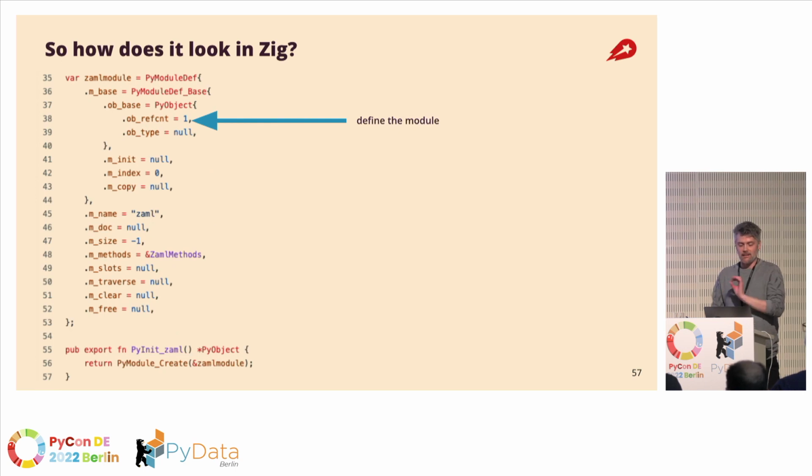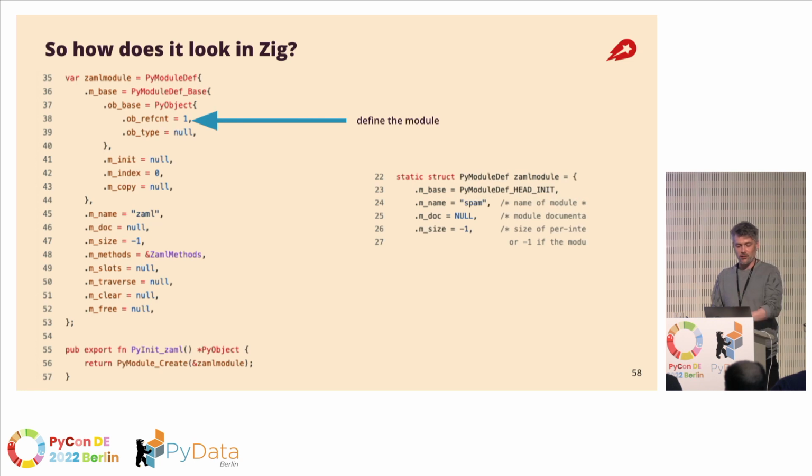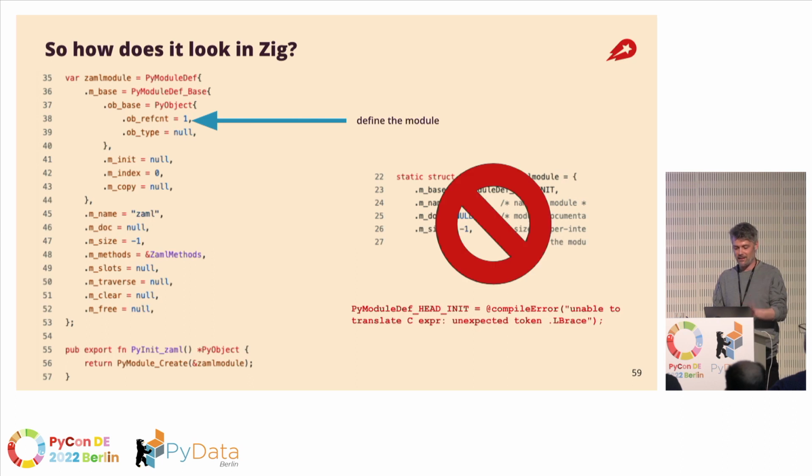Here we get a slight difference. If you recall from the C version, the m_base of our module definition had the PyModuleDef_HEAD_INIT macro assigned to it. When we try to do that in Zig, we get this nasty compile error: unable to translate C expression, unexpected token lbrace. So what's happening there is Zig's ability to understand macros is not perfect.